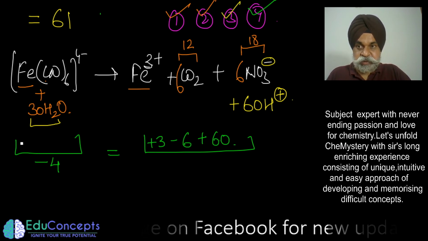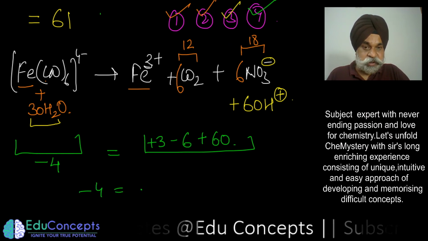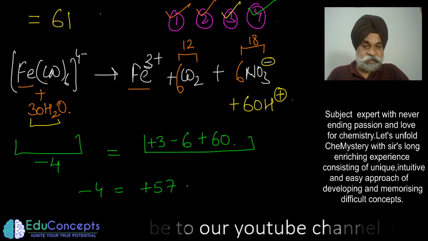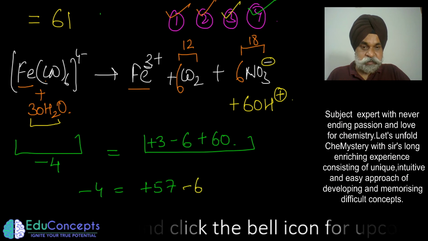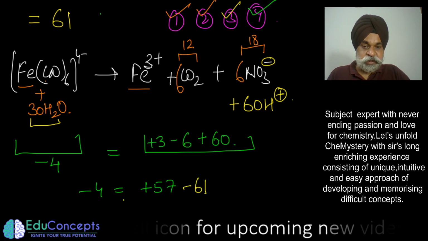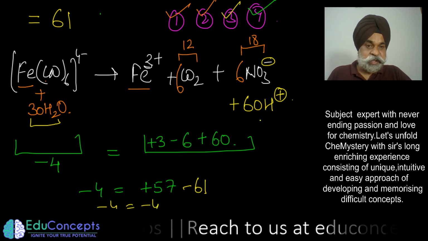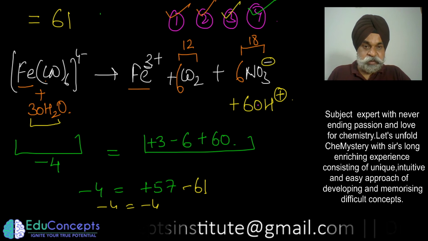This becomes -4 is equal to +57, and if I add -61 to it, this also becomes -4, equal to -4.